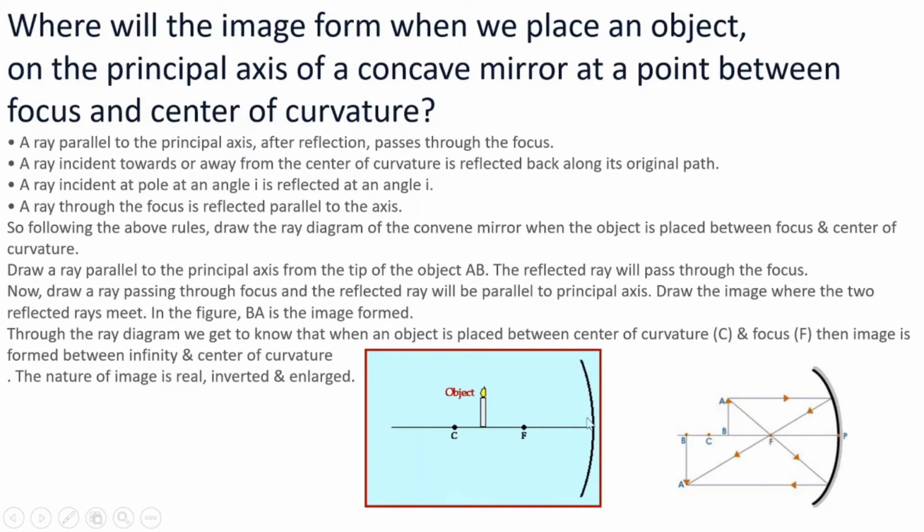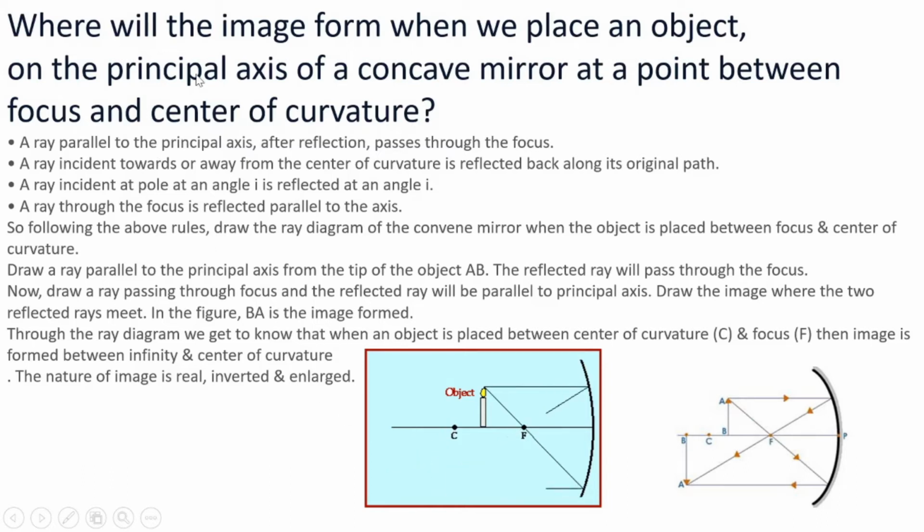We have seen that when placed between F and P, a virtual image is formed beyond the mirror, enlarged and erect. But when we put an object between center of curvature and F, we can see an inverted, larger image beyond the center of curvature.